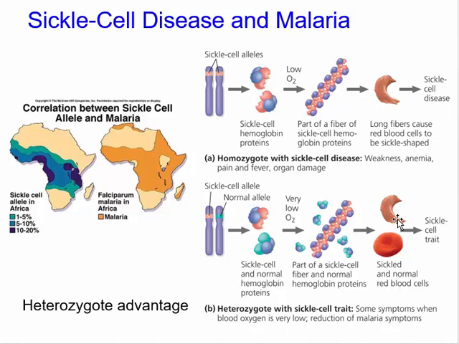Then it will get cleared out of the bloodstream. So it's like the body is selectively taking out infected blood cells. So this provides some protection from a very serious disease, malaria. So although there are problems for a homozygous person with the sickle cell trait, there is also strong selection for maintaining it in the population because it prevents or helps reduce the severity of malaria.